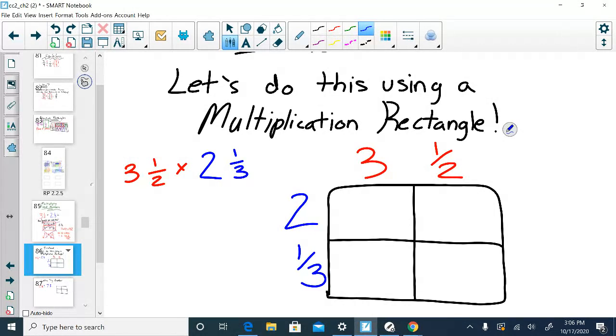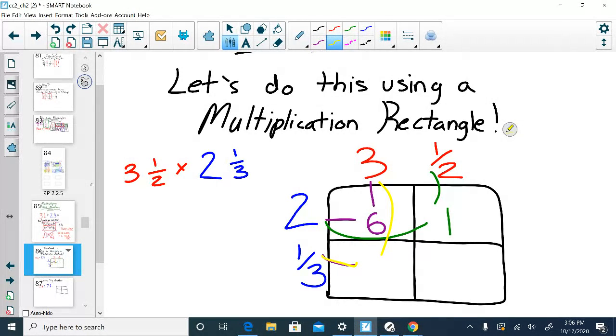2 times 3. They're going to meet here. That's going to be 6. And now I'm going to do 2 times 1/2. That would just be 1. And then I'm going to take a look at 1/3 multiplied by 3.